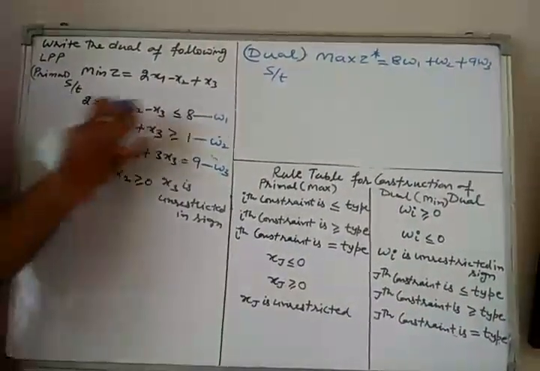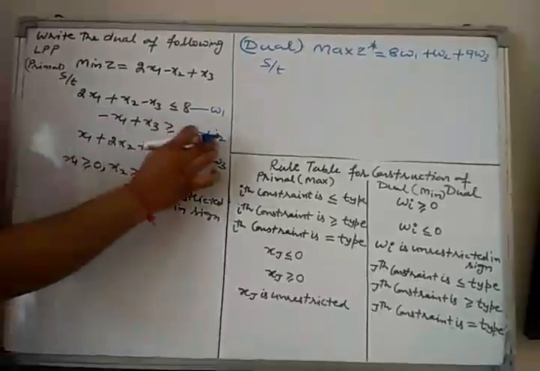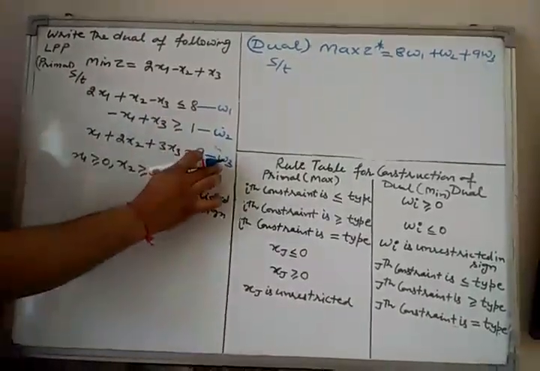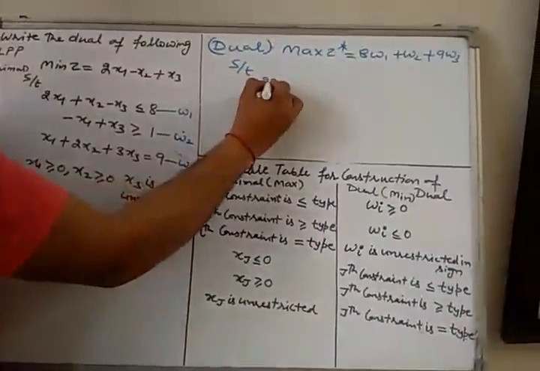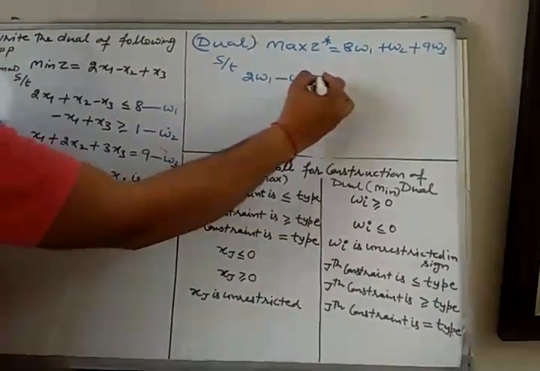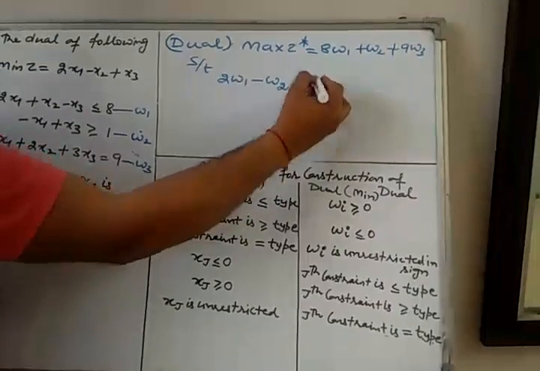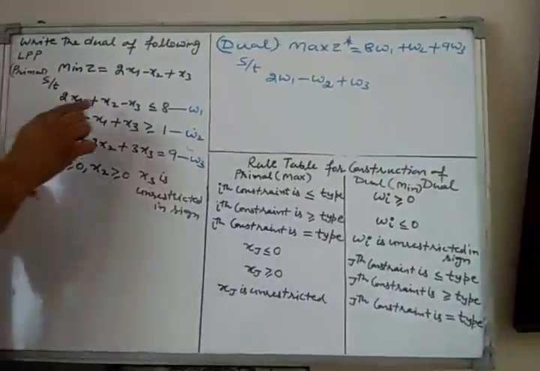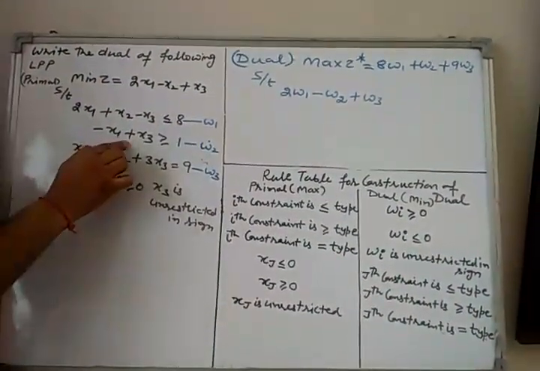It becomes 2 times W1 minus W2 plus 1W3, that is, 2W1 minus W2 plus W3. The second is W1; here X2 is missing.